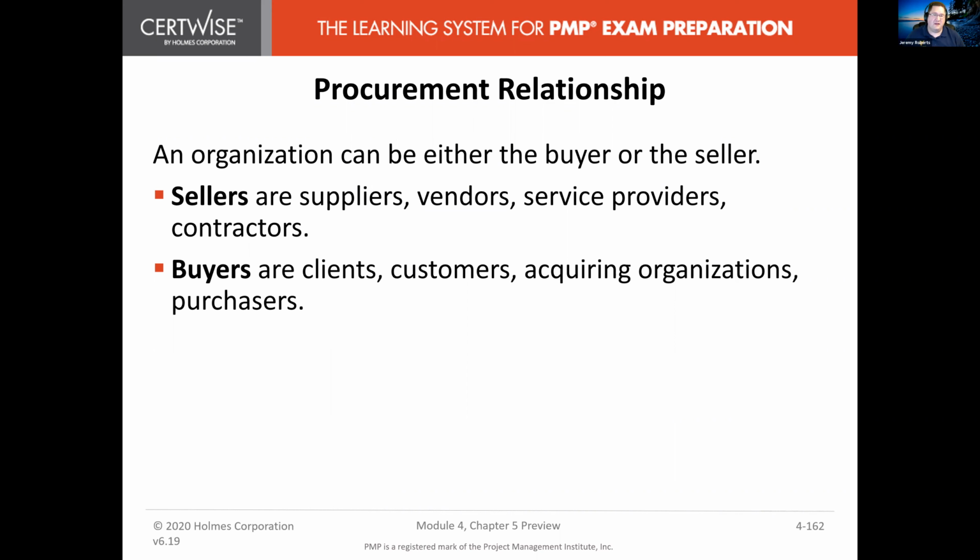The buyers are called the clients or the customer or acquiring organization or purchaser. So these words might be used interchangeably. And depending on what your company does and what your project is, you could be on both sides of this, or in either role, I should say.